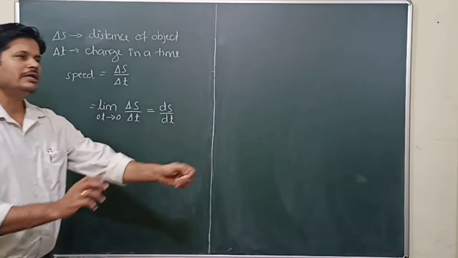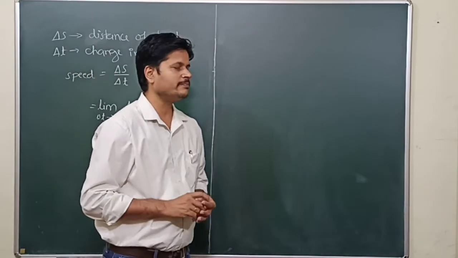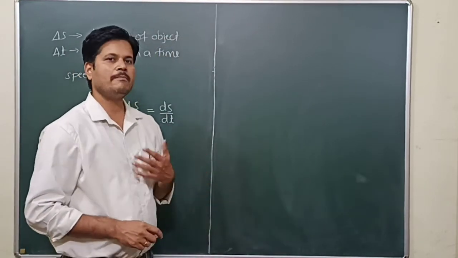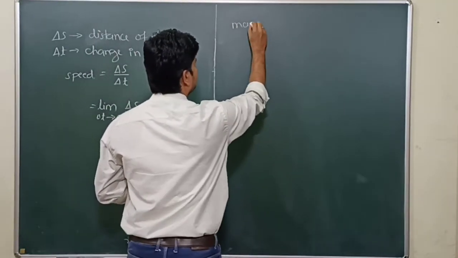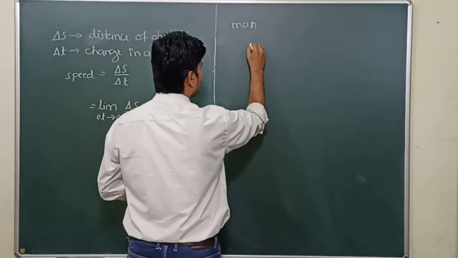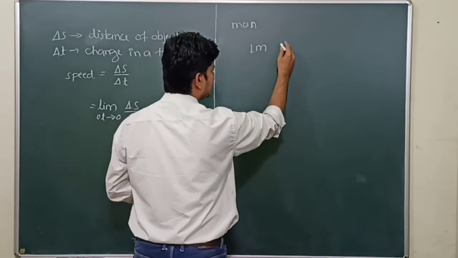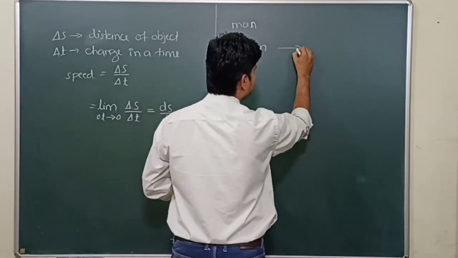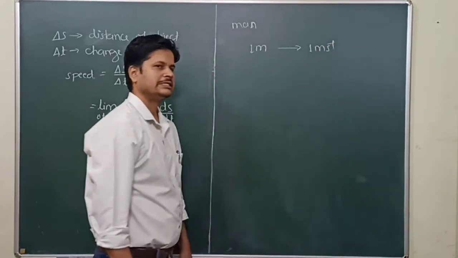Now we are going to solve one problem here. Consider a man walks for 1 minute with a speed of 1 meter per second.